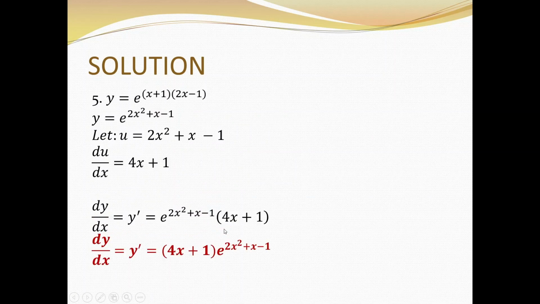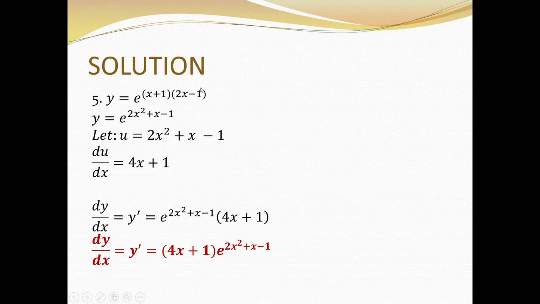For our number 5, the function given is y equals e raised to the quantity x plus 1 times the quantity 2x minus 1. Now, if you want to, you can also multiply or distribute the given exponent.